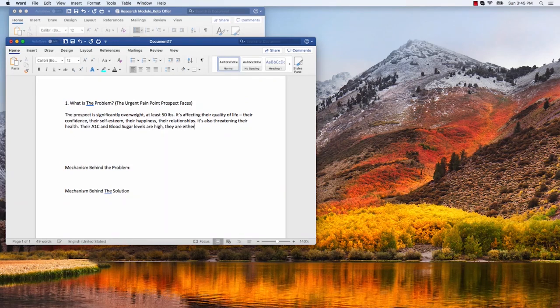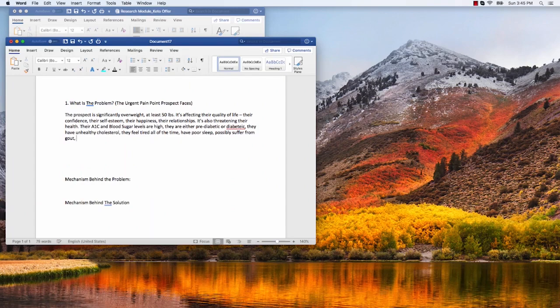They are either pre-diabetic or diabetic. They have unhealthy cholesterol. They feel tired all of the time, have poor sleep, possibly suffer from gout, feel bloated, and have stomach issues. These are things I got from reading the forums during the research component. So that's part of the problem.